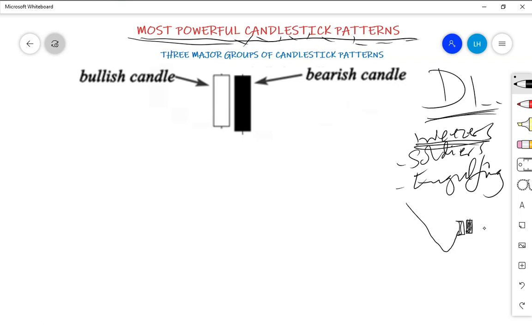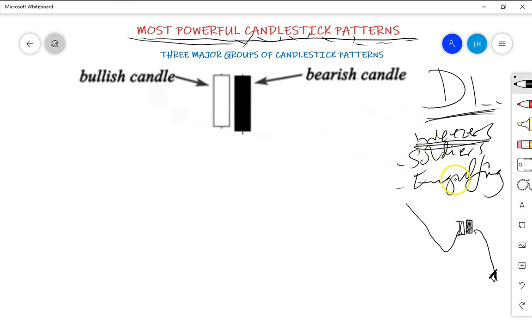After having them around this area of short-term uptrend within a long-term downtrend, that is where we expect that price will resume to the downside. So that's how we are going to trade the bearish railway pattern, or sometimes we call it a tweezer. This is what we call a bearish tweezer.